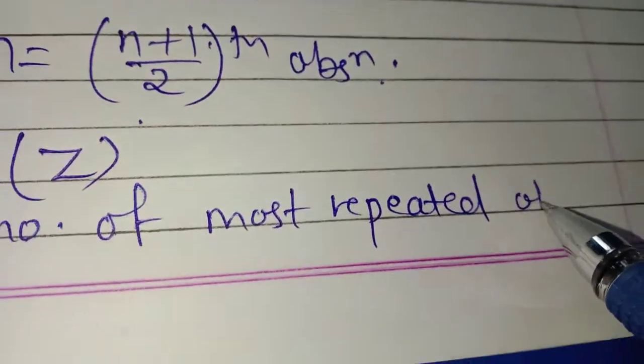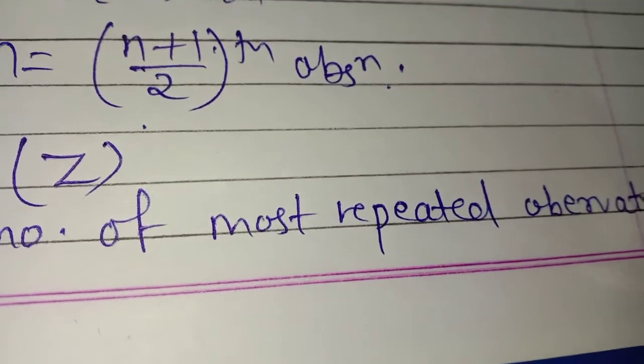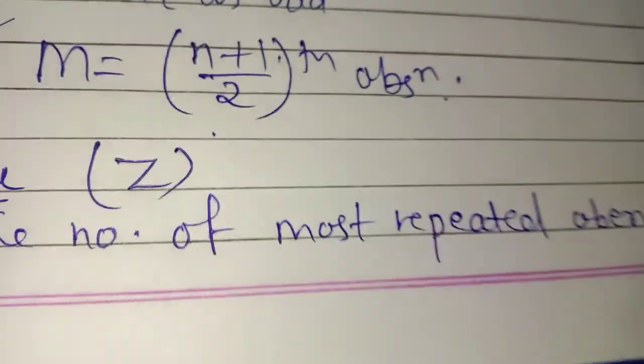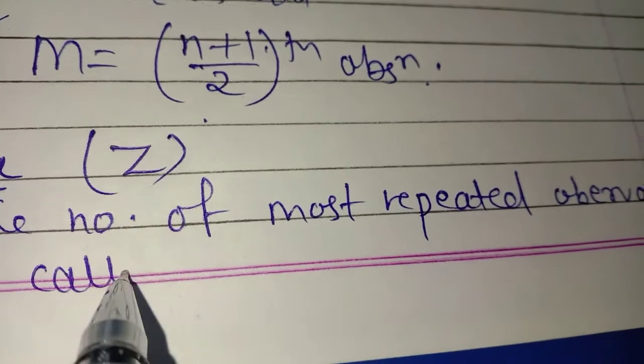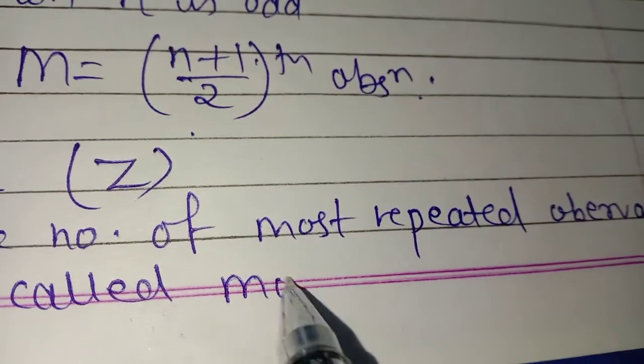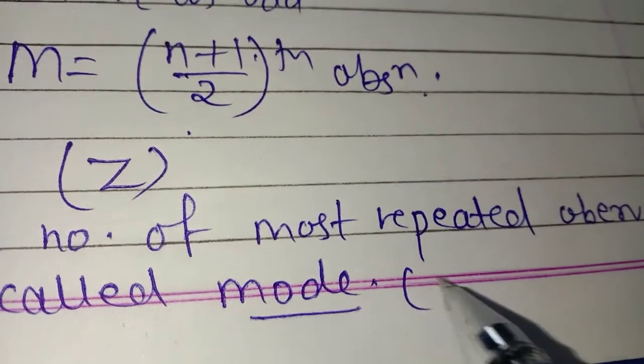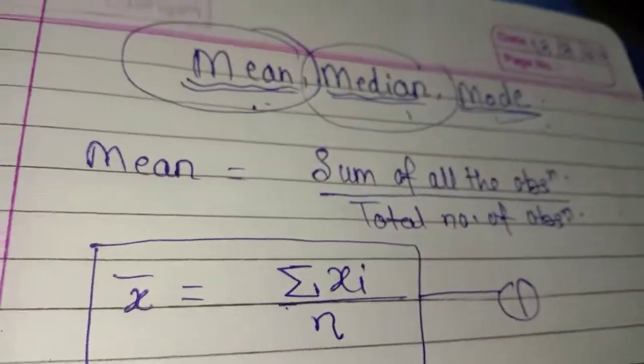The most repeated observation is called mode. So these are the three formulas which we are going to use for the final exercise of statistics. Later on, after finishing these three types of numericals, we will go for the graph. Clear? So I will start from mean.